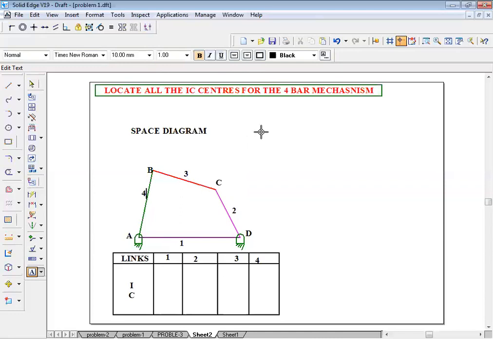For that we need to use the formula: capital N is equal to small n into n minus 1, divided by 2.